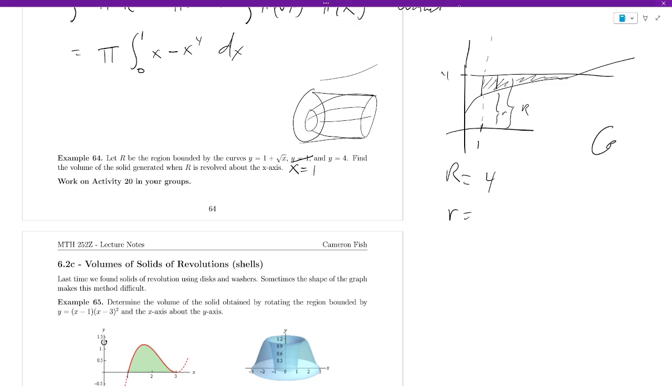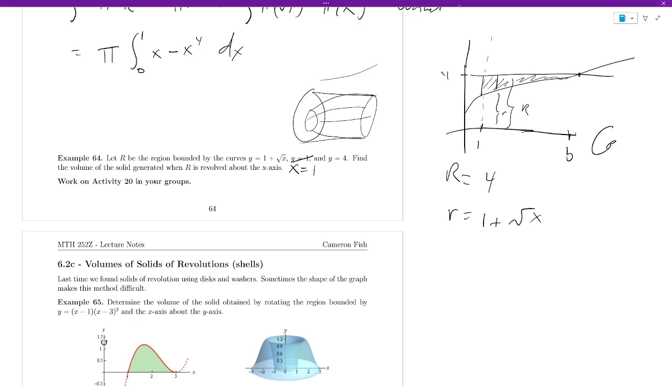As I go from 1 up to whatever this point is, which we'll figure out in a minute, call it b, the outer radius is always 4. What's the inner radius? Well, it's just this distance from 0 up to our function, so it's our function, the bottom one.